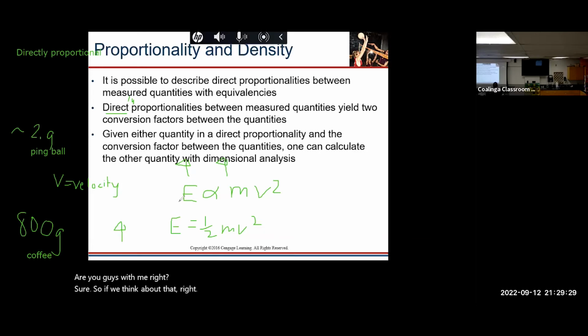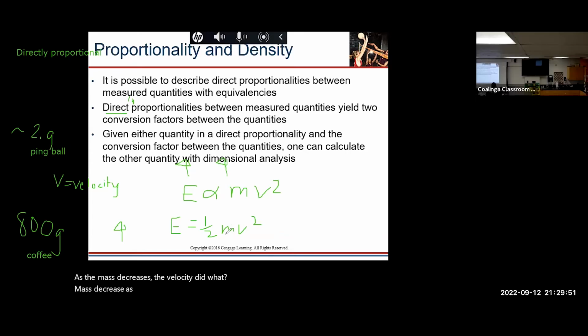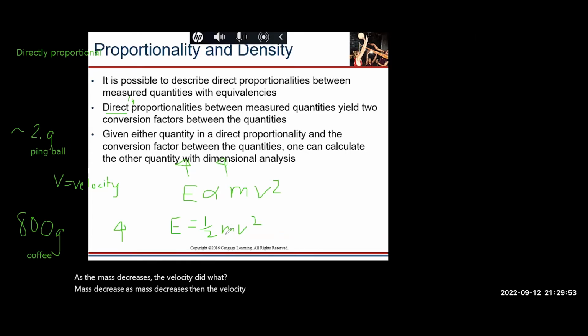So if energy is being kept constant, both of those are the same. As mass decreases, the velocity is going to do what? Velocity is going to increase.